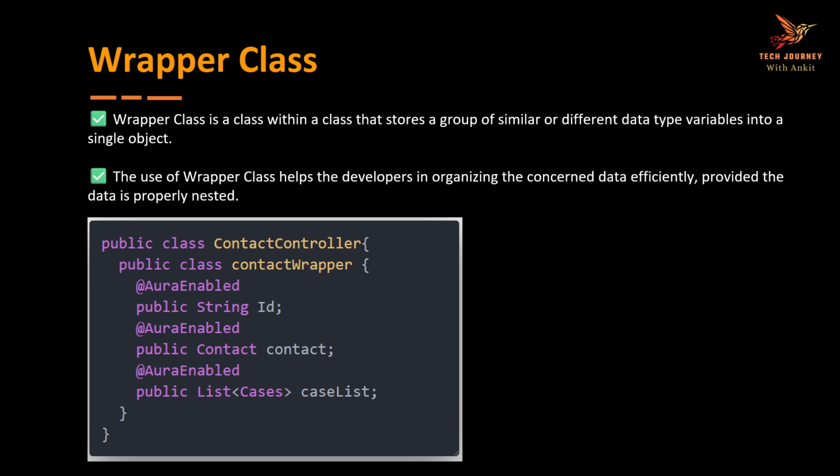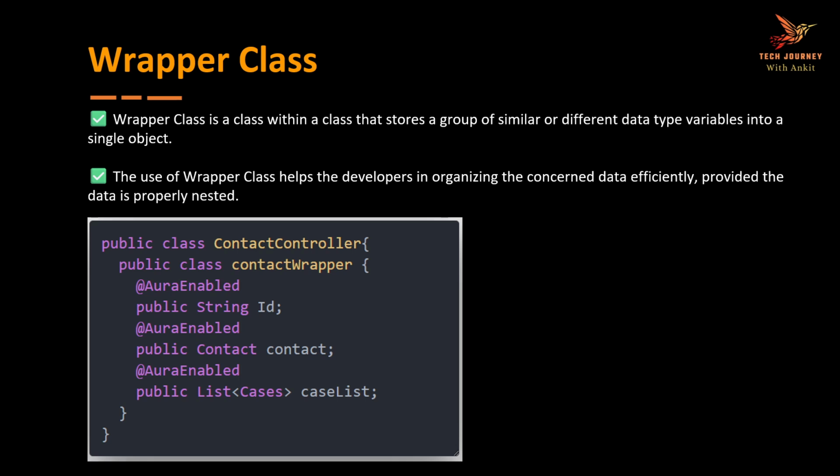In that class, we have another class, the contact wrapper, which is the inner class. Now in this class, we have different data types of variables. For one variable, the data type is string. For another variable, the data type is contact. For another variable, the data type is list of contacts. So what we are doing in this wrapper class is grouping the different data type variables and putting them together as a single object.